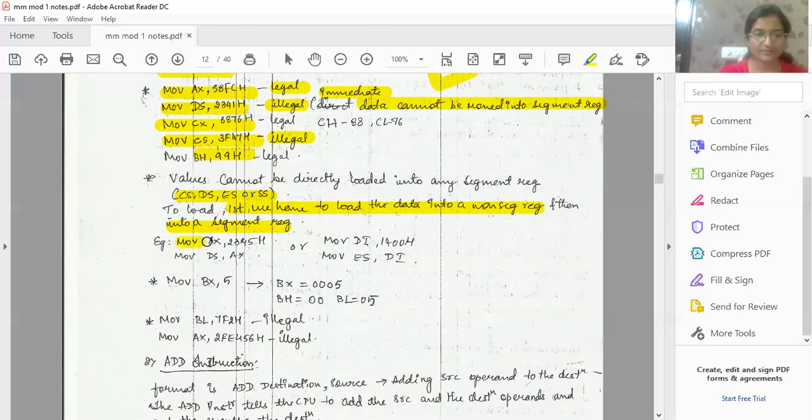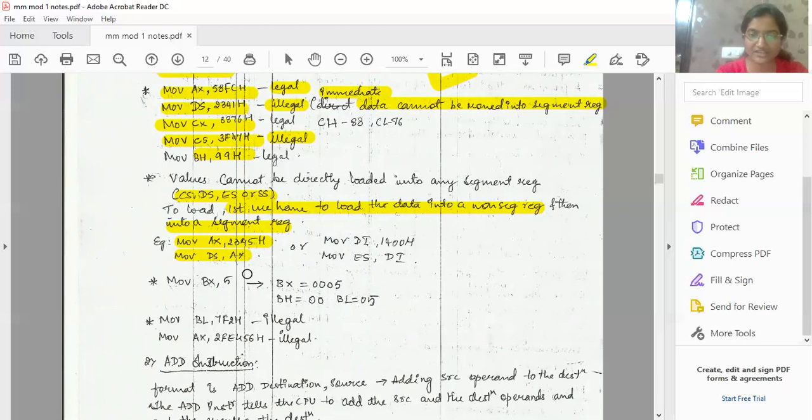For example, MOV AX, 2345H and then MOV DS, AX. What are we trying to do? We are trying to move 2345H into the DS register, but we are not writing MOV DS, 2345H, because immediate data cannot be loaded into the segment register.